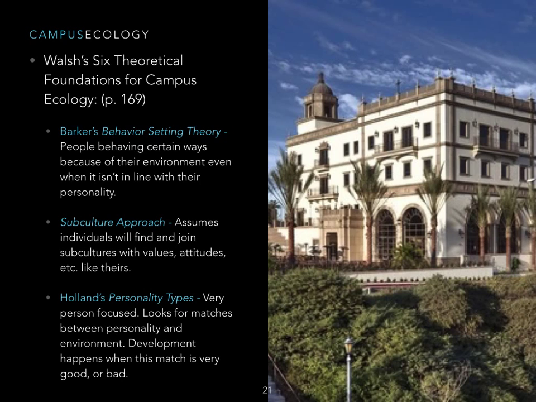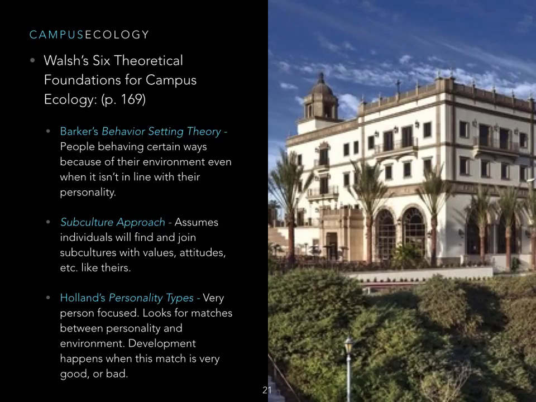Next, we'd look at Holland's personality types. These are very person focused. Holland's personality types looks for matches between personality and environment. Development happens when this match is either very good or very bad. Either we have a match, this fraternity, to use that example, is perfect for me, so I grow in this campus ecology model.